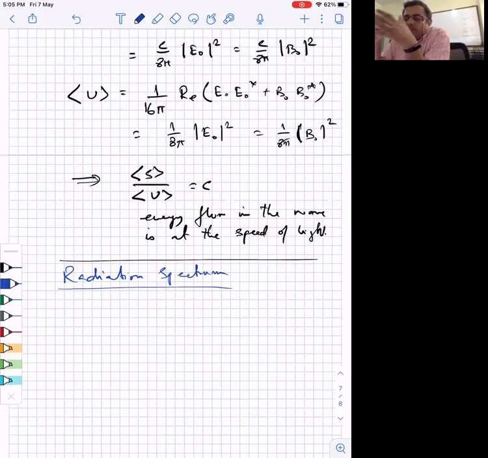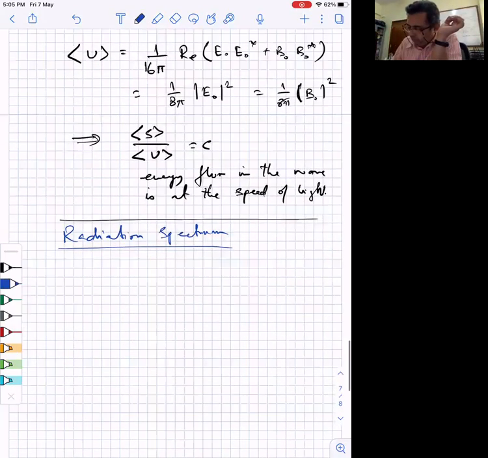So, the spectrum of radiation depends on the time variation of the electric and the magnetic field, right? And so the consequence is that it does not make any sense to talk about a spectrum at any instant of time.